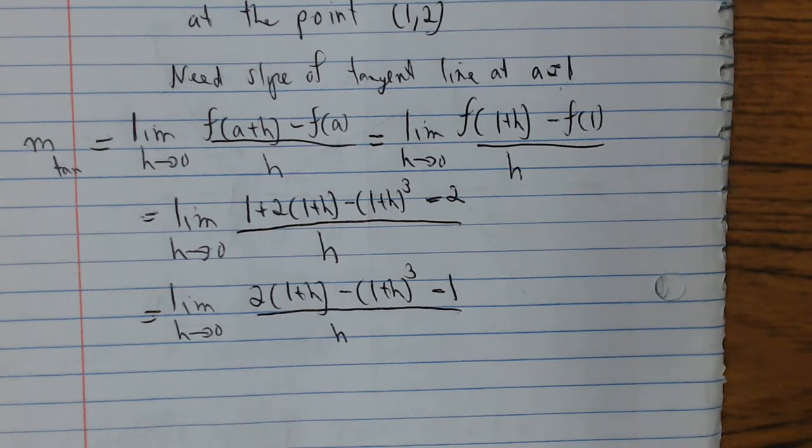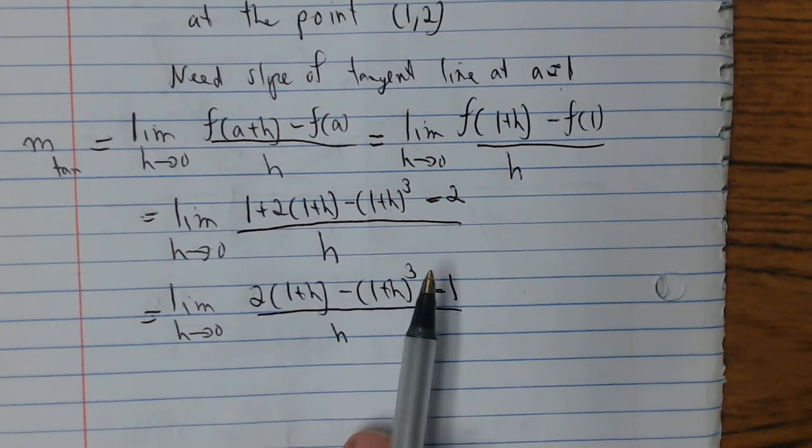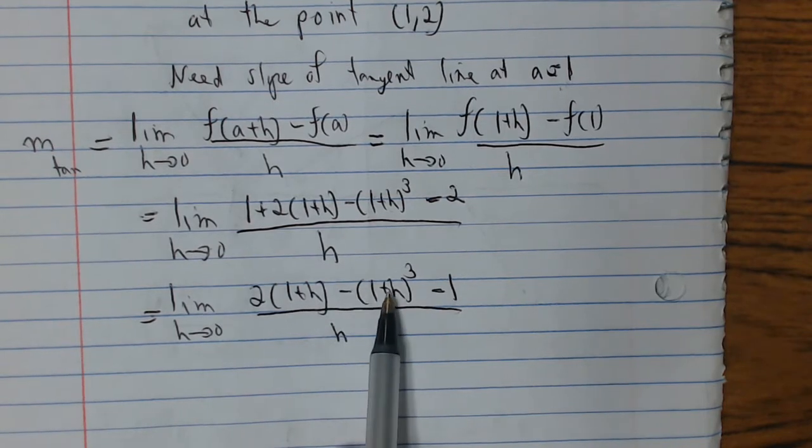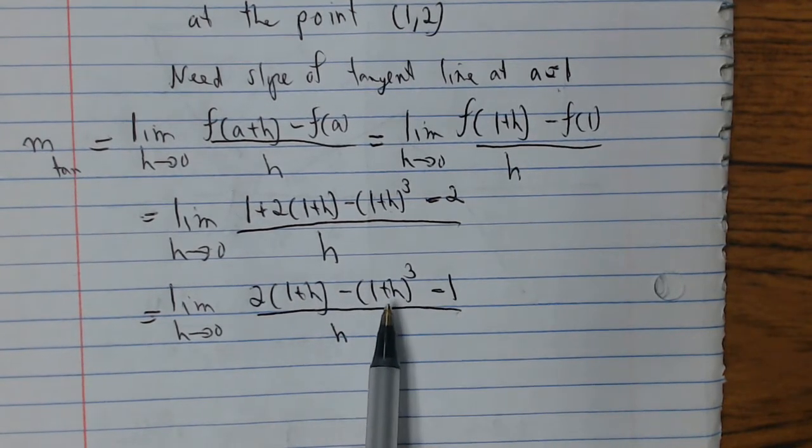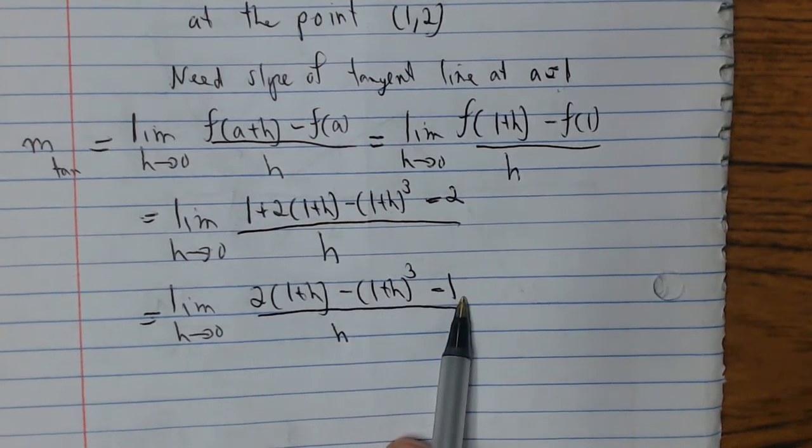Okay, so I'm actually going to do this the long way just so I don't confuse any one of you, but here's the shortcut, and if you could follow along with the shortcut, you could use it to avoid having to multiply these out. What you could do is factor out a negative from these two terms, and then notice how you're going to get a 1 plus h cubed plus 1.